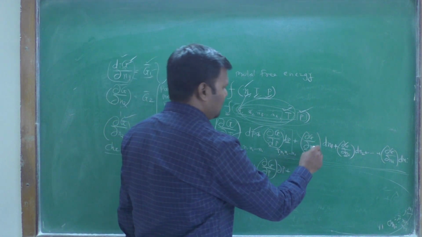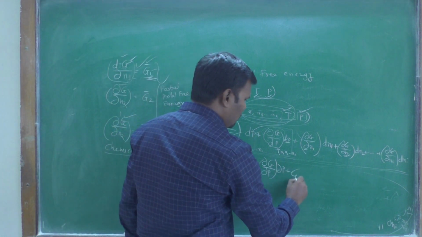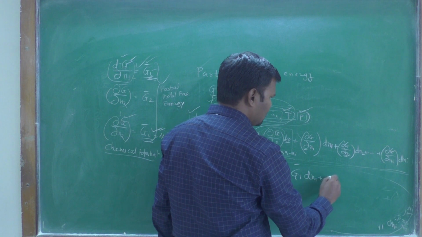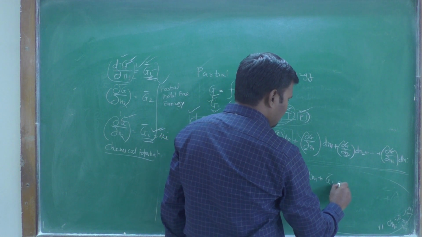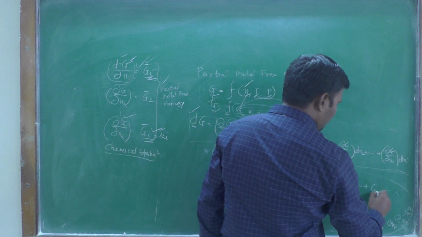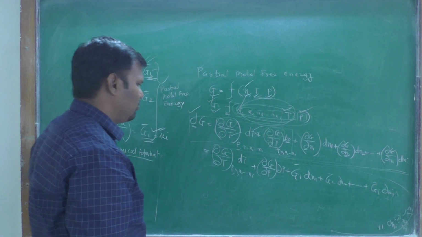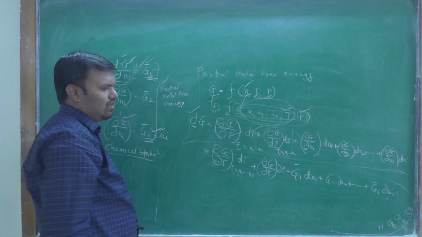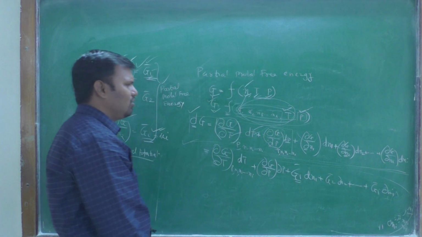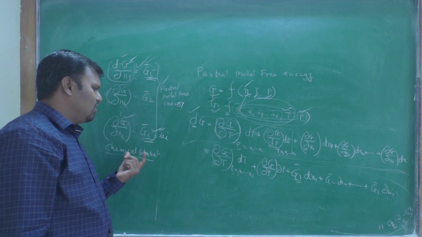Next, del G upon del n1 we have replaced with G1 bar dn1 plus G2 bar dn2 plus, and so on, at the last Gi bar dni. This is the new equation obtained, and in it G1 bar, G2 bar and Gi bar are nothing but the partial molar free energy or chemical potential.